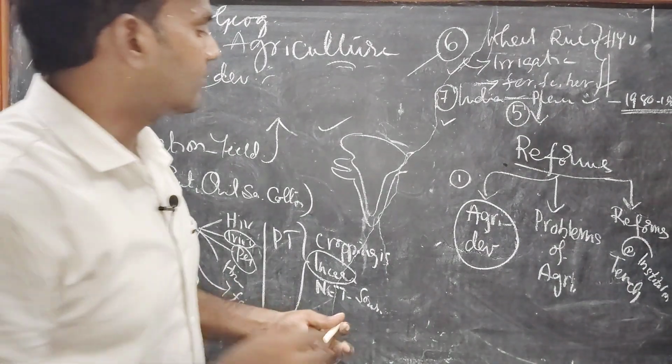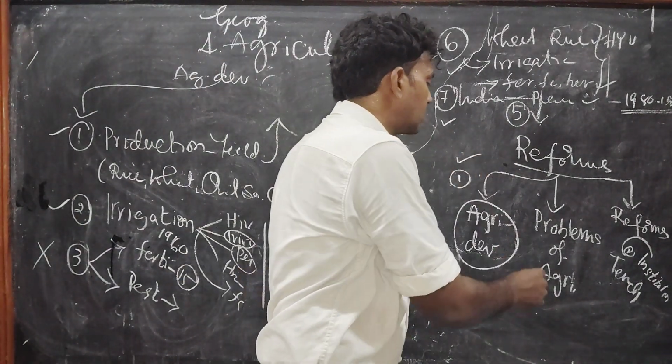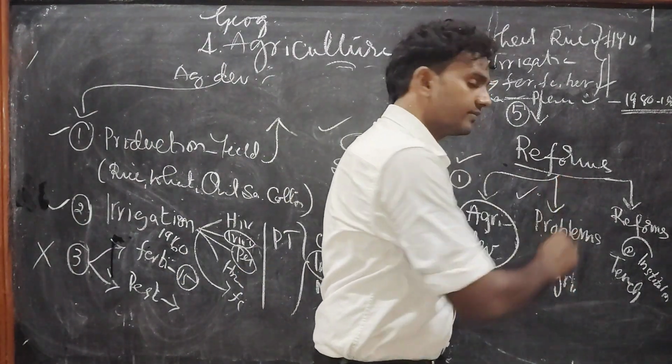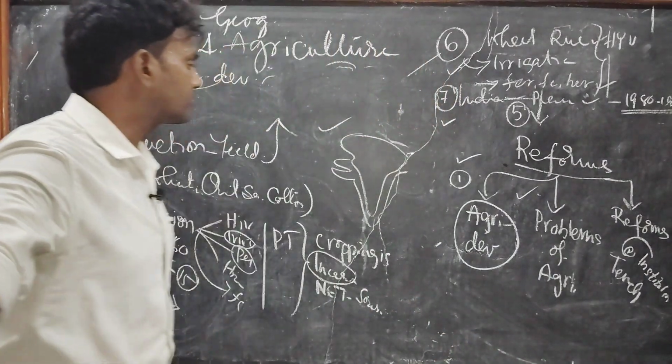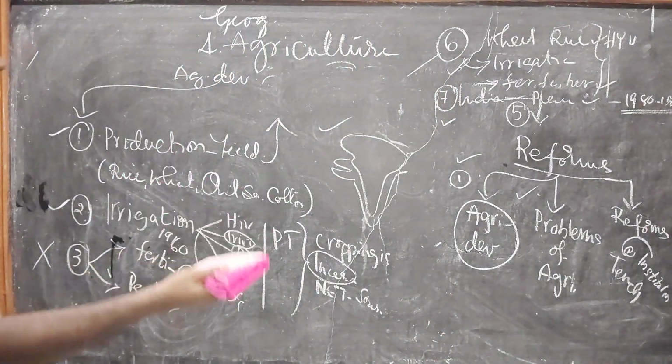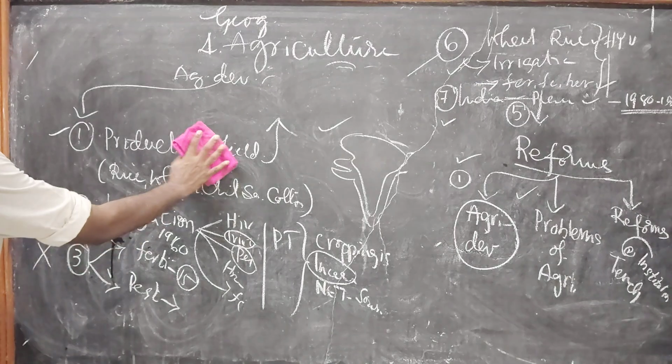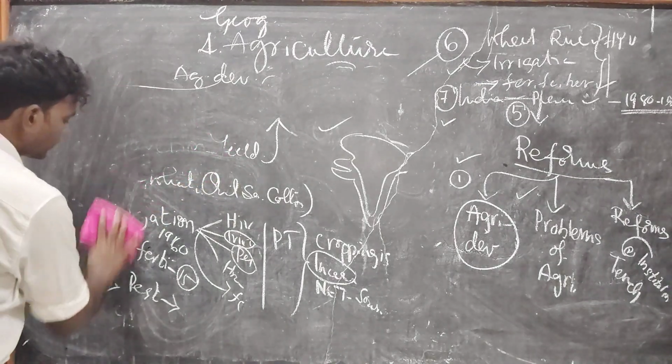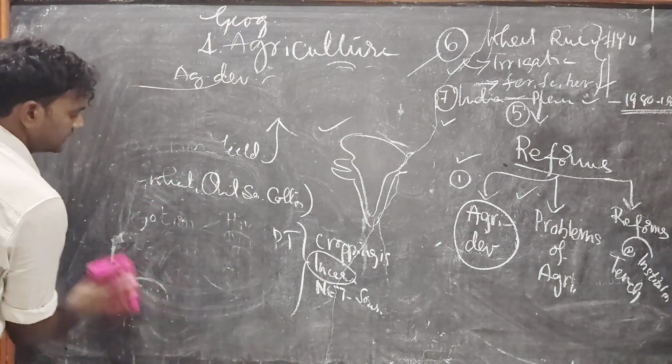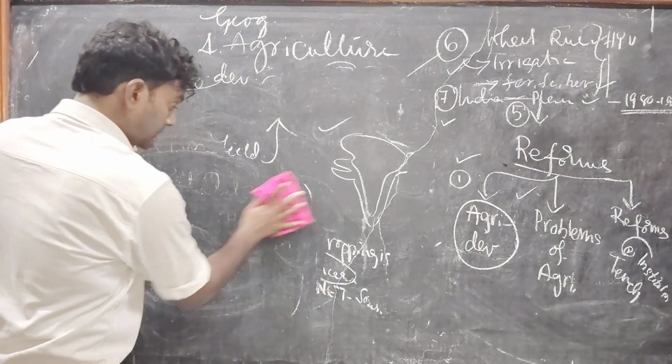Coming to the second part, it is over. Coming to the second one, problems of agriculture, Indian agriculture. What are the problems? It is very important. It is linked with other reforms. Then only we can understand reforms. Otherwise, it is very difficult to understand.